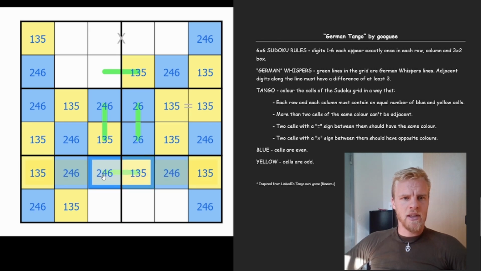Also here, 3 and 6 would go. 1 and 6, of course, and 5 can go with 2. Okay.